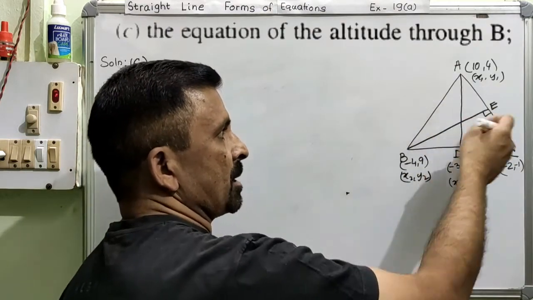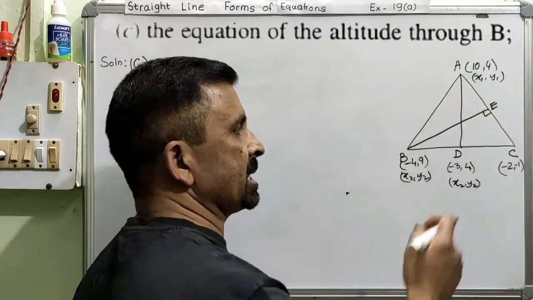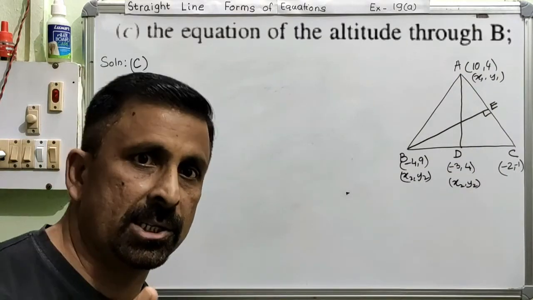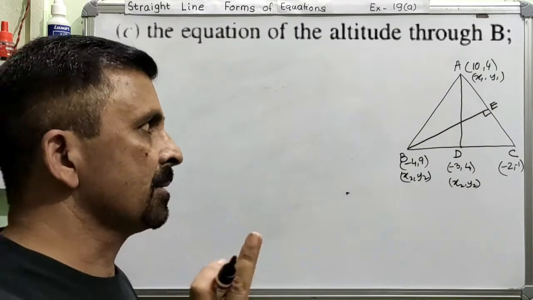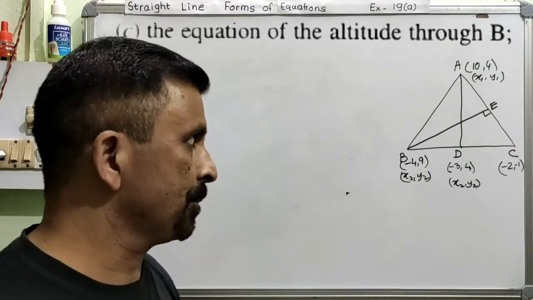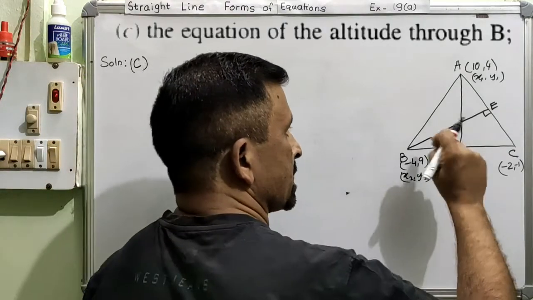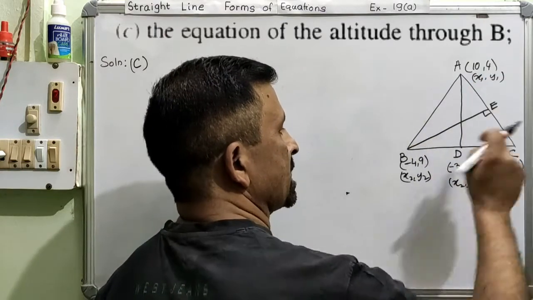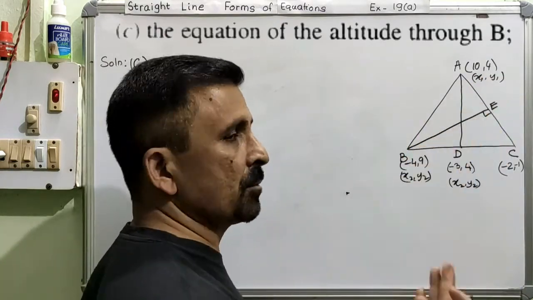Altitude means this BE is perpendicular to AC. You know what the perpendicular line condition is? The perpendicular line condition is that the slope of one line will be the negative reciprocal of the slope of the other line. Is this very clear? So, since this is perpendicular to AC, writing its equation is very simple.